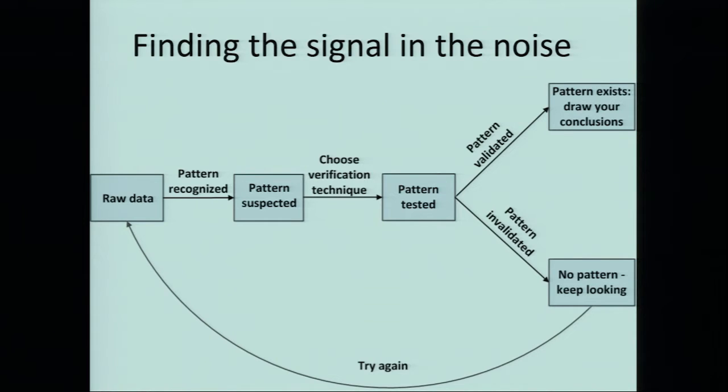I'm going to test that pattern, and then I'm either going to validate it and say, okay, this pattern exists, I can use it, or I'm going to invalidate it and say, well, no, that really wasn't a pattern. That was like those random sawtooths that we saw in the beginning, and then I go back to the beginning again. And for me, this step right here is particularly interesting. How do we recognize the patterns that exist in the data, and how can we express the data in such a way as to make those patterns easier to recognize?